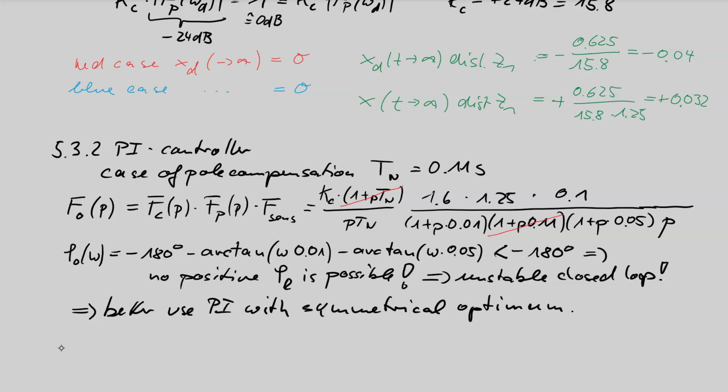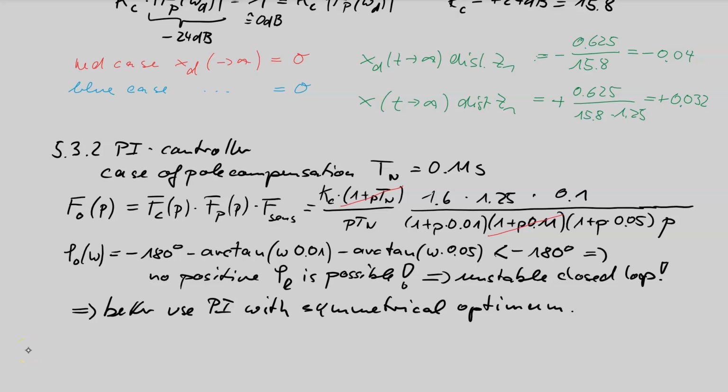The principle of symmetrical optimum could be explained in the next chapter. I think I should take a new video because this is very important. It is the most complicated, most difficult to understand method, but I think here very useful and very helpful in designing a PI controller in cases where the process has an integrator.